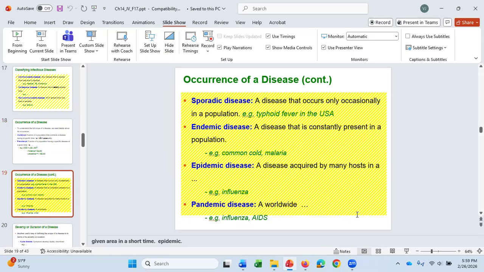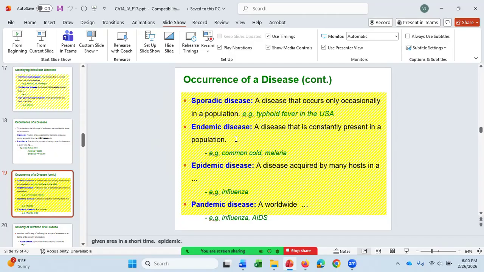Another example would be malaria. In the United States, malaria is a sporadic disease. Only a few people each year come down with malaria, and usually they come into the United States from outside the United States. And while they're outside the United States, they become infected with malaria and then bring it back to the United States. So, malaria, most people say, is a sporadic disease in the United States.